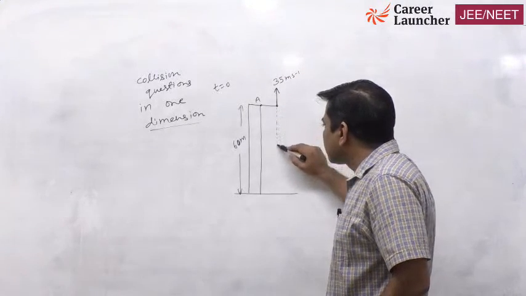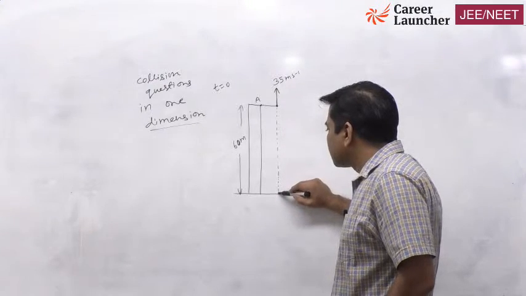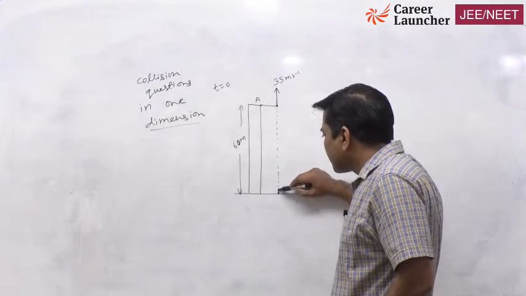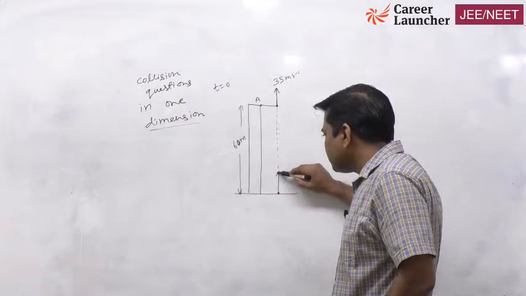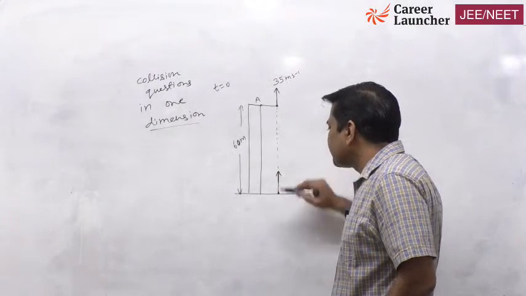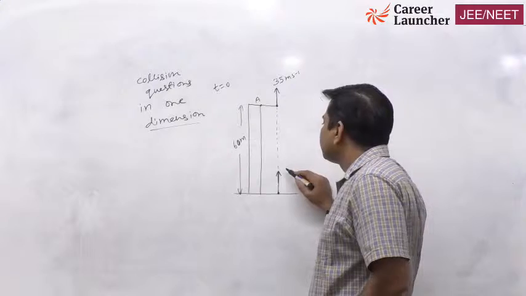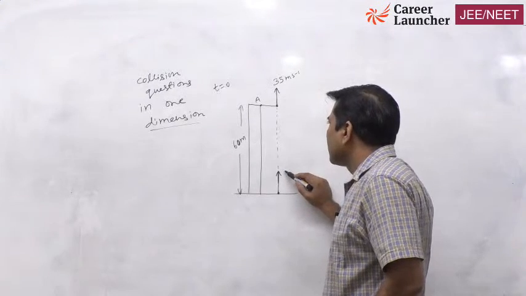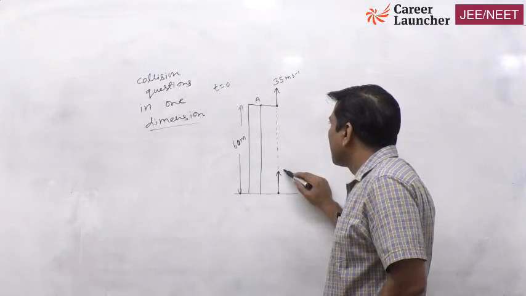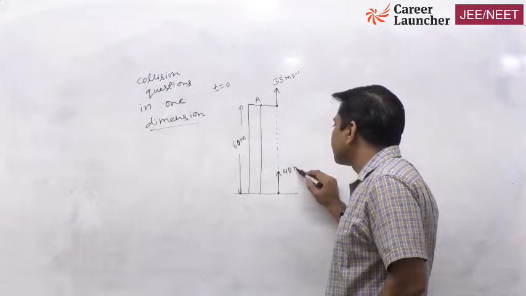Another stone is also thrown up with a velocity 40 meter per second.